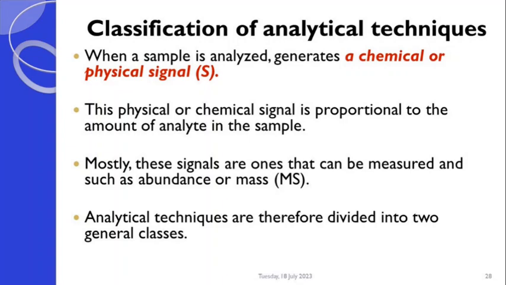Now, we are saying that these physical or chemical signals are the ones that are going to be measured. For example, in a mass spectrometer, it is the abundance or the mass of these signals that would be measured.